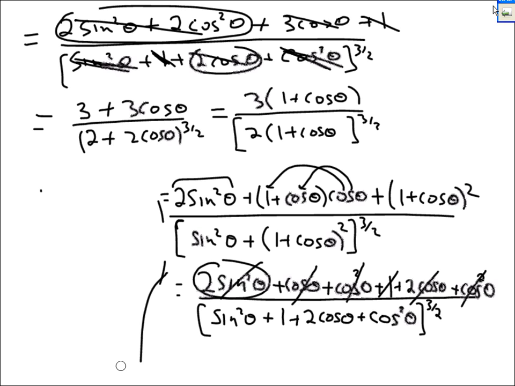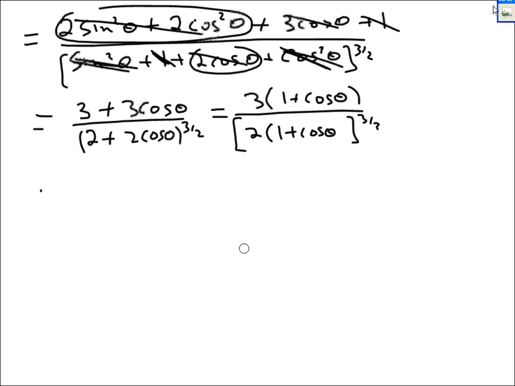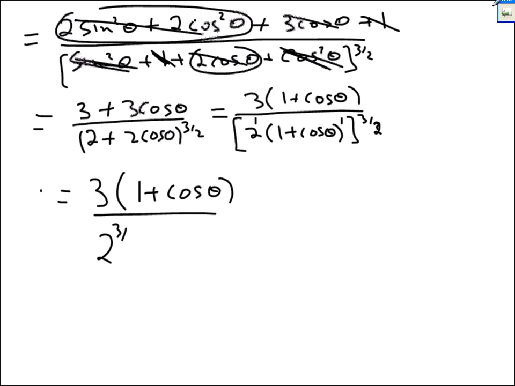Okay, let us clean this up a little bit. Let's distribute this 3/2 power. Remember, these powers are understood to be 1. So we get 3 times 1 plus cosine theta divided by 2 to the 3/2 times 1 plus cosine theta to the 3/2. That's to the 1 power.